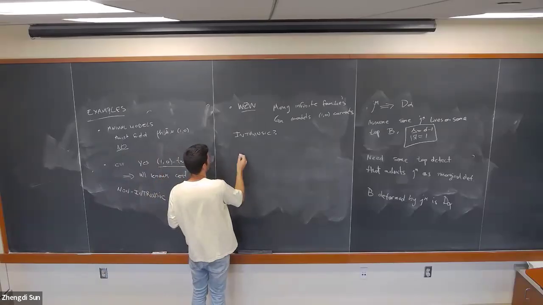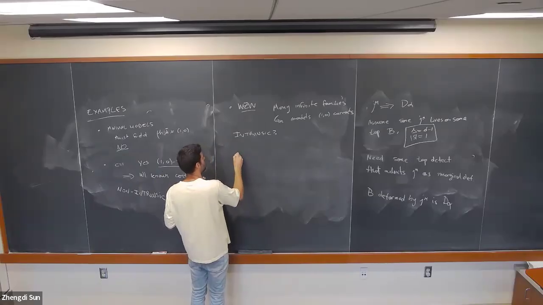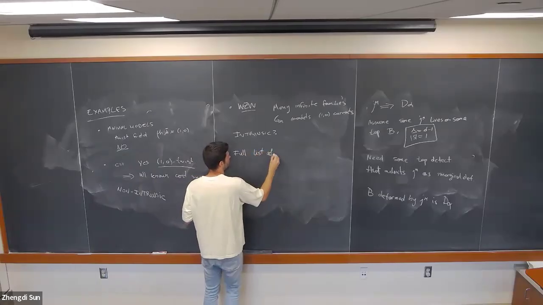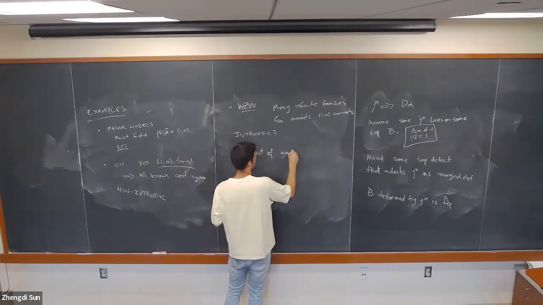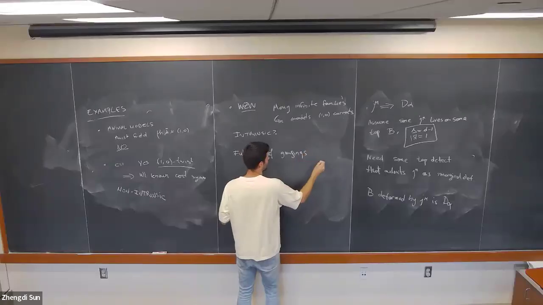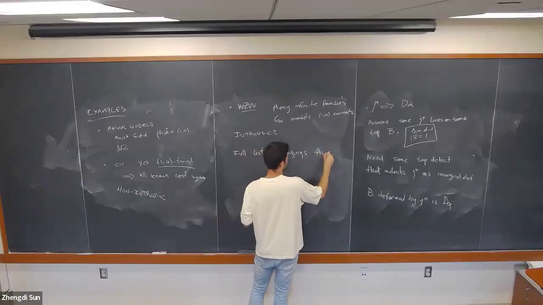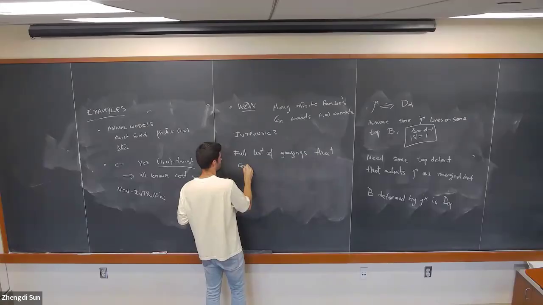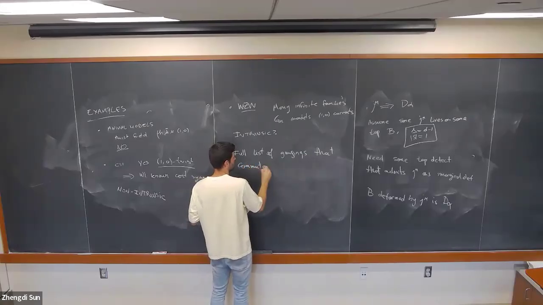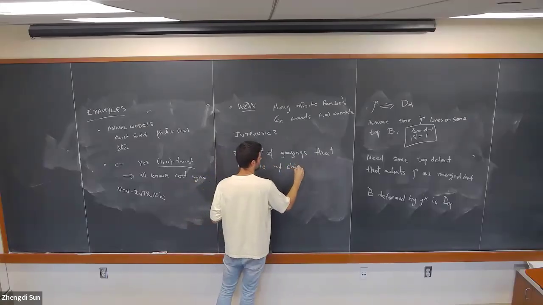So there is a more reasonable task, which is we do know the full list of gaugings that commute with the chiral algebra.